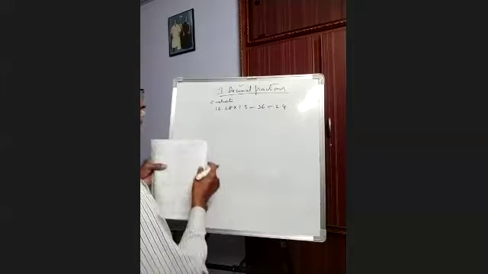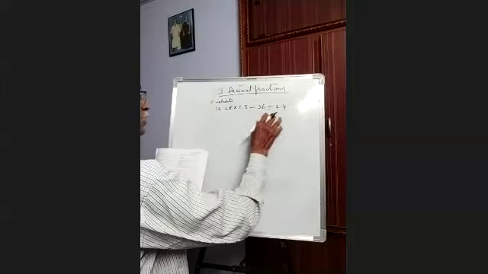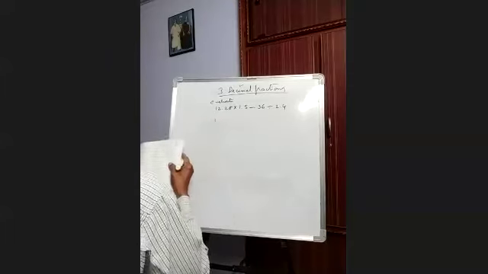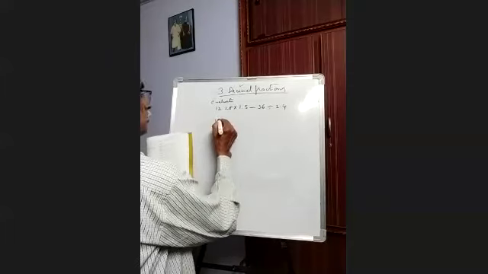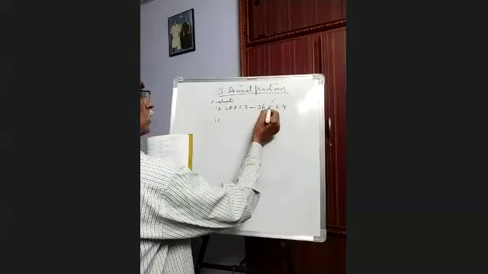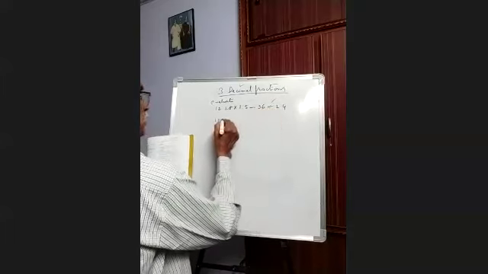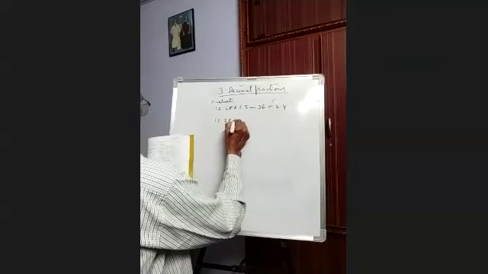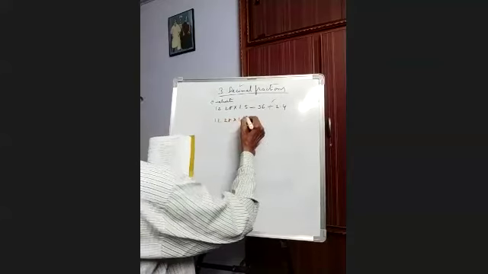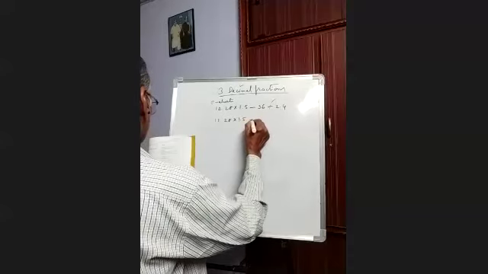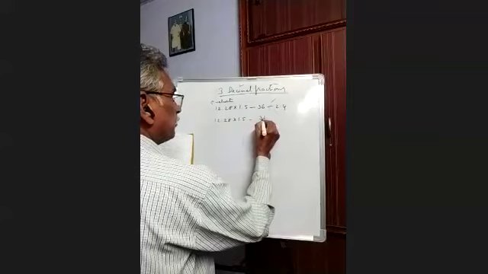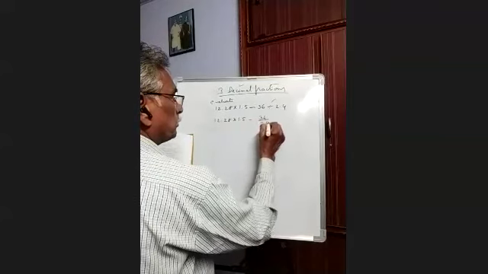That order, don't subtract first, only divisions and multiplications. Let us give importance to division first. 12.28 into 1.5 minus 36 by 2.4.